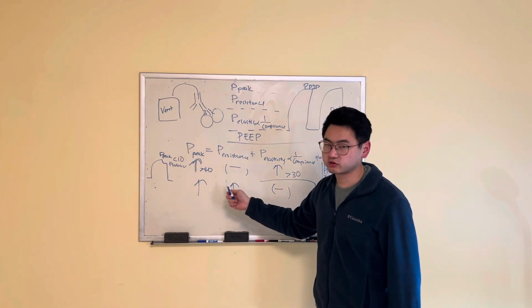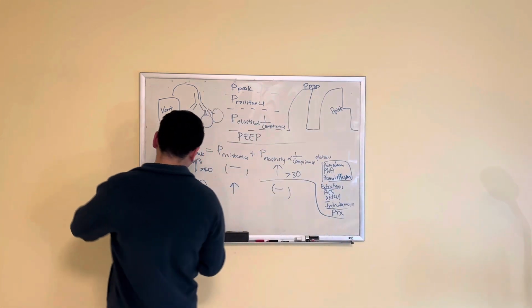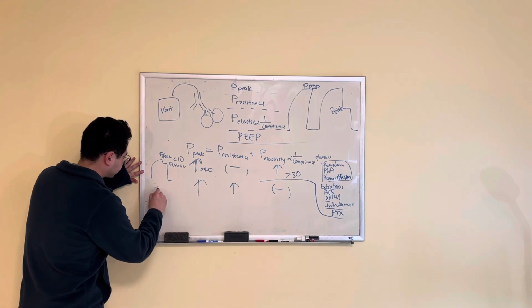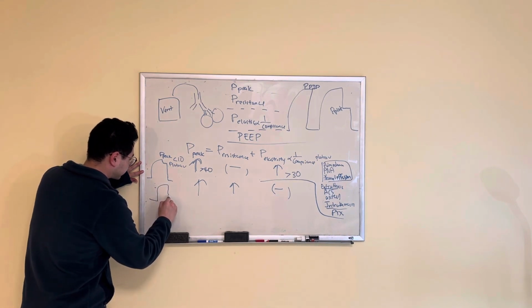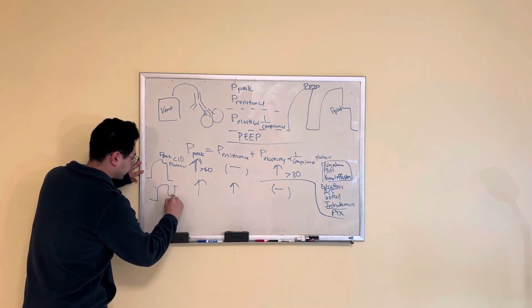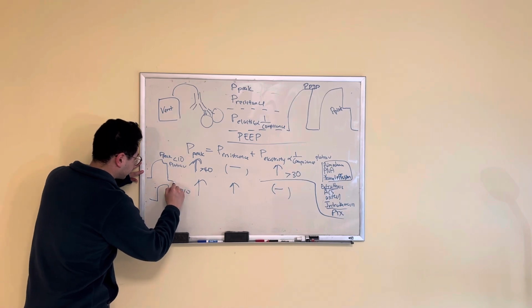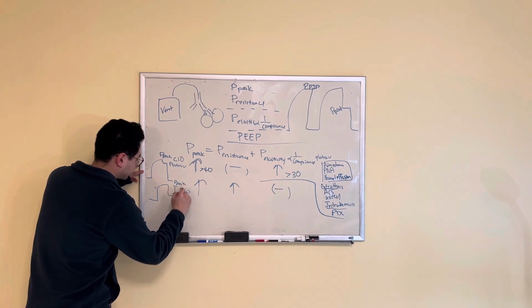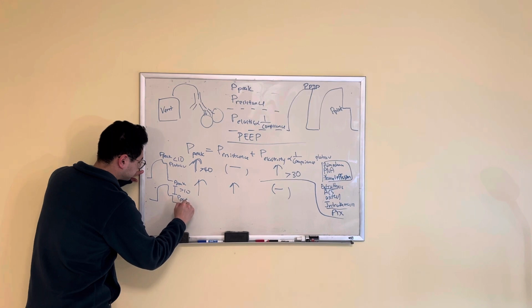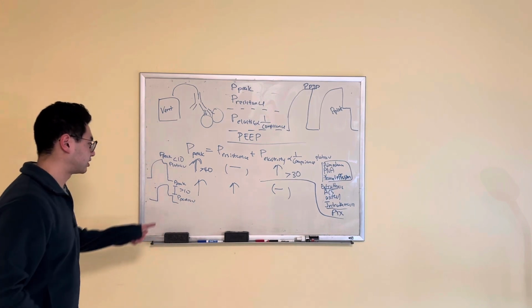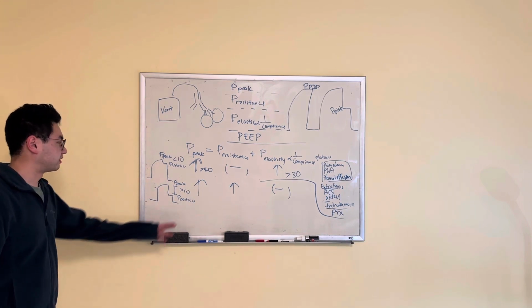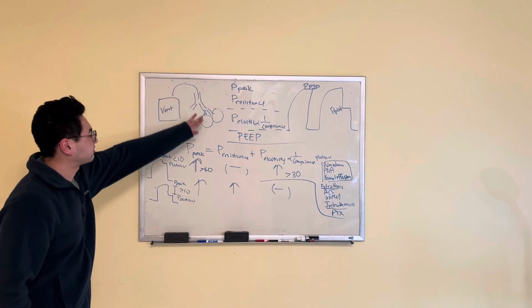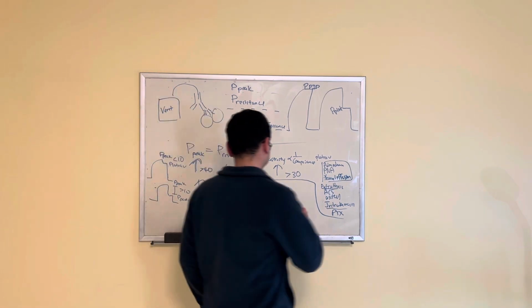Now what we're going to look at is resistance problems. So the pressure tracing that you would see is going to have a huge gap. It's going to be greater than 10, the peak minus the plateau pressure. All right, so what are the causes of a resistance problem? It's everything I told you about the circuitry.